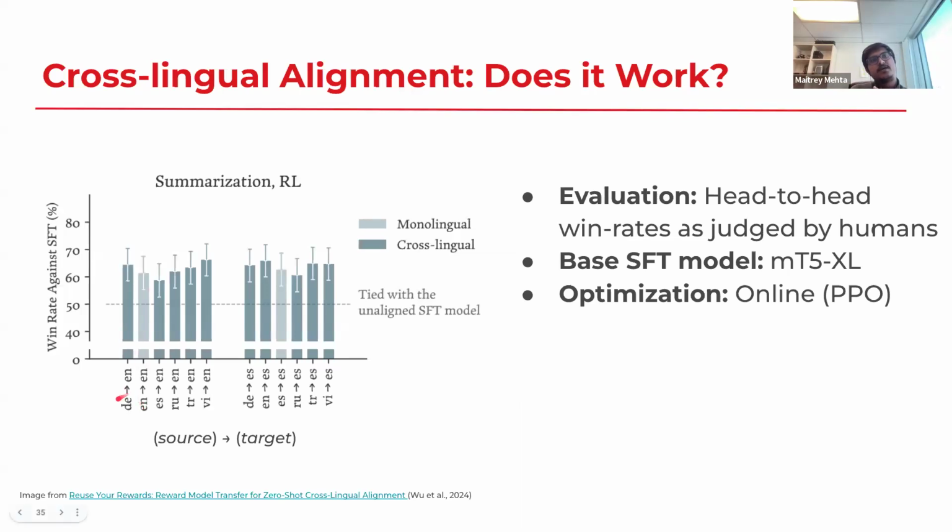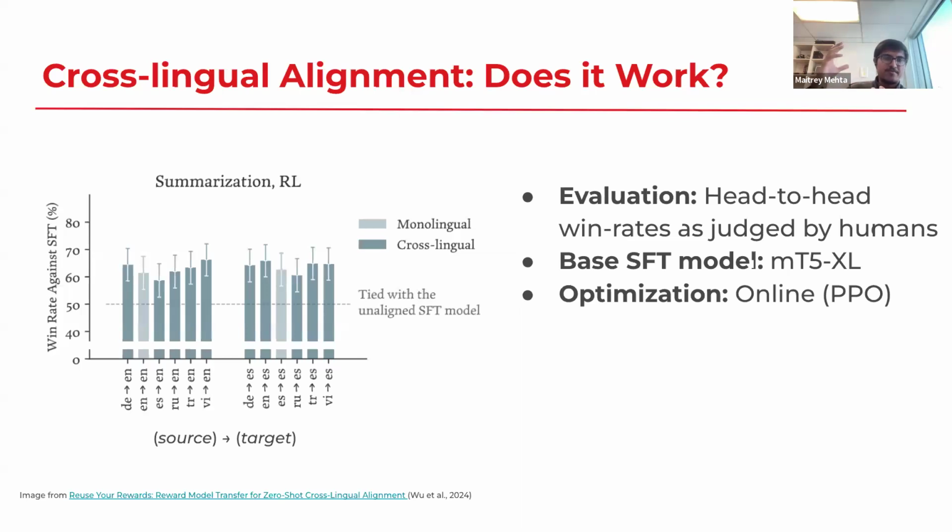But if you are using, for example, a German reward model, a reward model trained using German preference data, and then apply that reward model to an English fine-tuned model, you actually get a better result. You get a better win rate. So it's not always the case that you need a monolingual reward model.